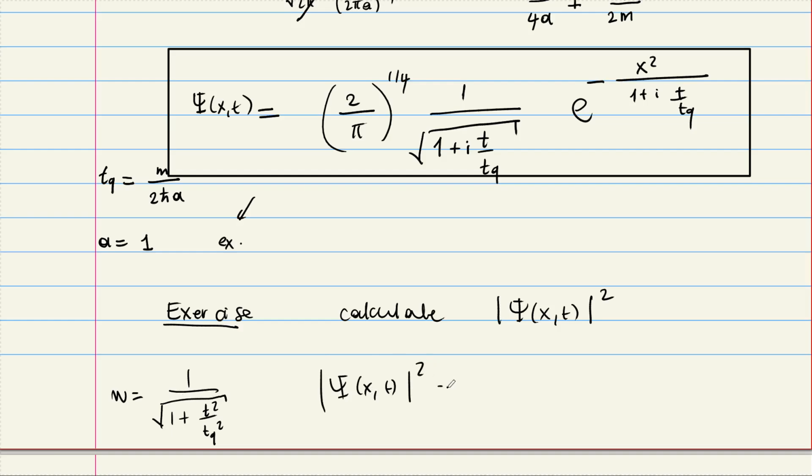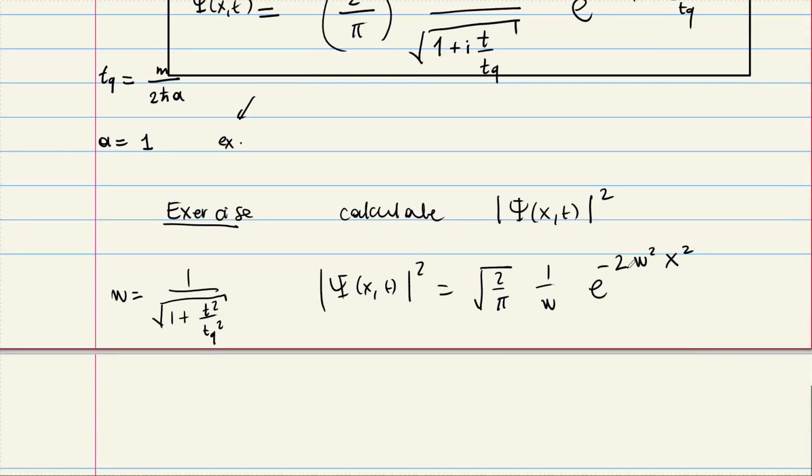The probability I found is 2 over pi. I think I may have missed some factors, but let me write it so you can check. E to the minus 2 w squared x squared.